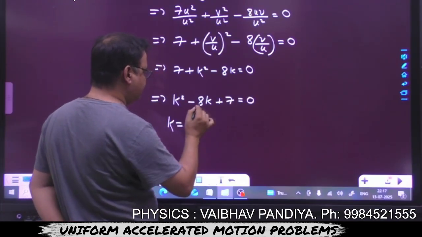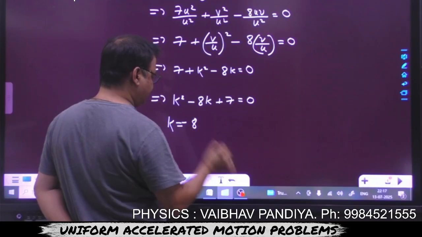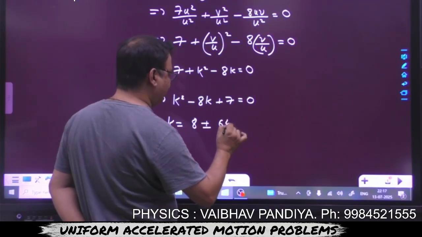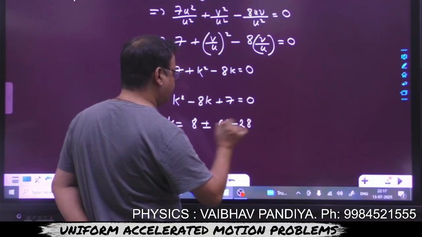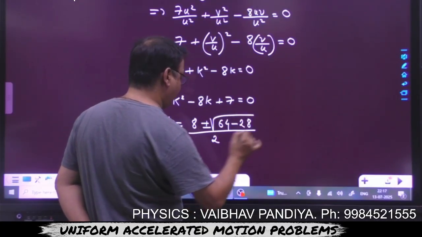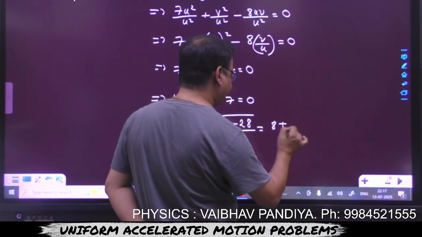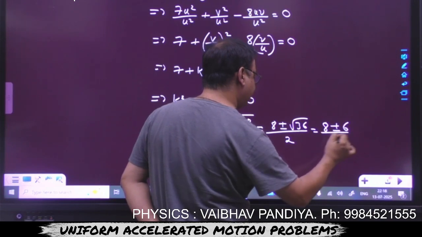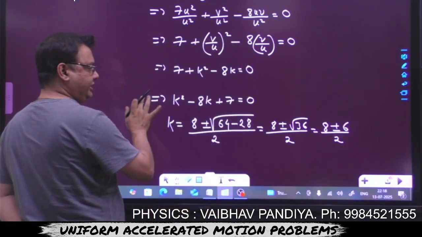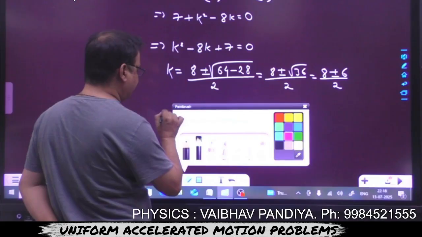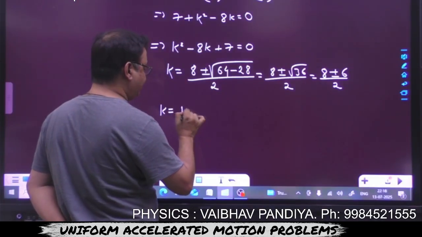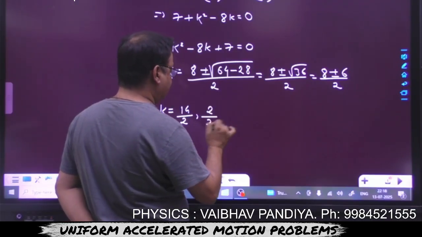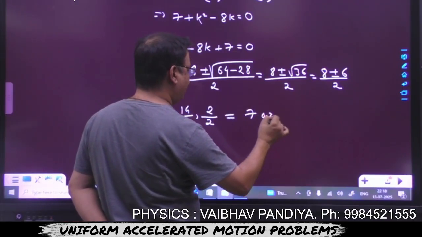So the value of k will come to be minus of minus 8, that is plus 8, plus minus root of 8 square, we are applying the quadratic formula, 64 minus 7 into 4, 28, divided by 2. So we'll get 8 plus minus root of 36 by 2, that is 8 plus minus 6 by 2, correct? So one value will come to be 8 plus 6, that is 14 by 2, another value will come to be 8 minus 6, that is 2 by 2. So the value of k will come to be 7 or 1, okay?